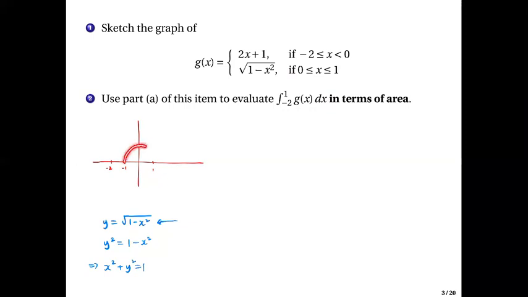You will have something like this for this equation. But in here, we only need 0 to 1, so you'll just get this part here. So for that, the graph will be this part here.